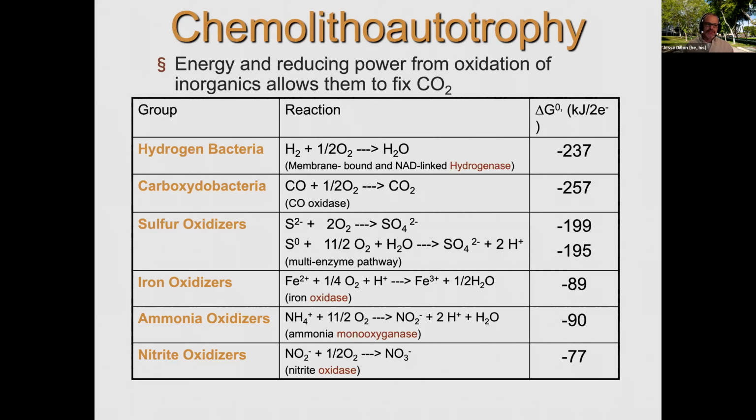And so you can see the broad array of different substrates that can be used, okay? And some of them are the exact opposite of what we said before. We talked about sulfate reduction. These guys are oxidizing sulfide back to sulfate. We talked about nitrate. In this case, you can take nitrite and go back to nitrate. So these guys are doing the opposite reactions of what we saw before.